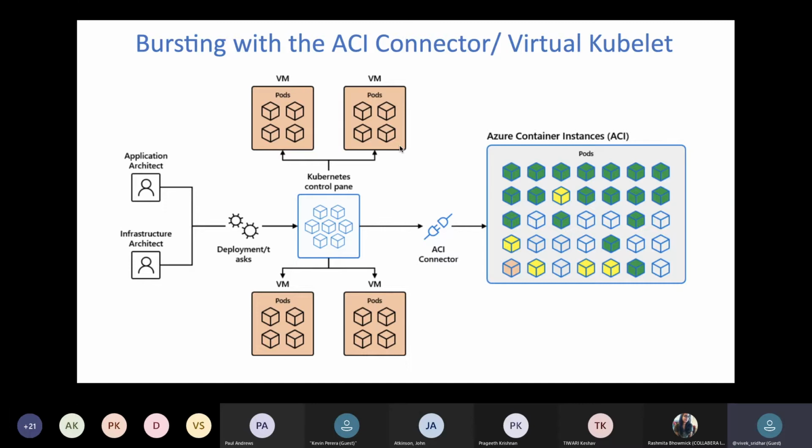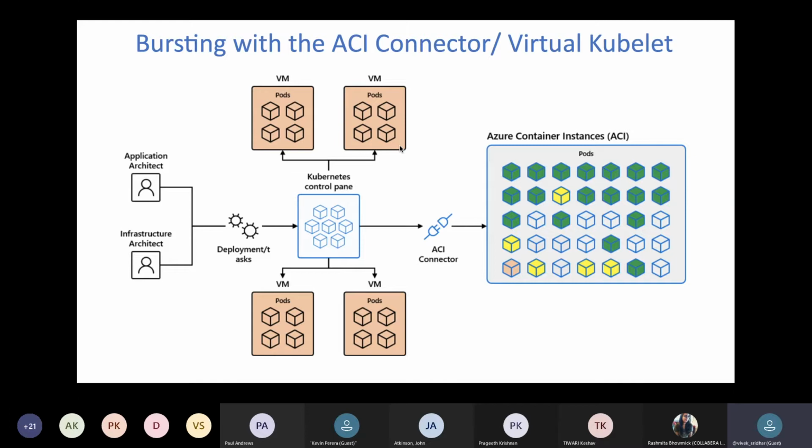You just use the connector and connect it to the Azure Container Instance, or you can connect it to any kind of infrastructure at the backend. It could be IoT, it could be a set of virtual boxes as well. You can use any of those infrastructures at the backend and use these connectors.